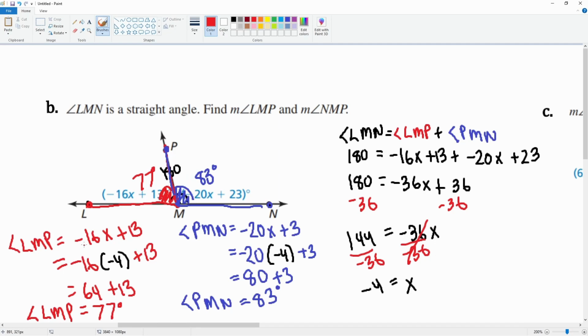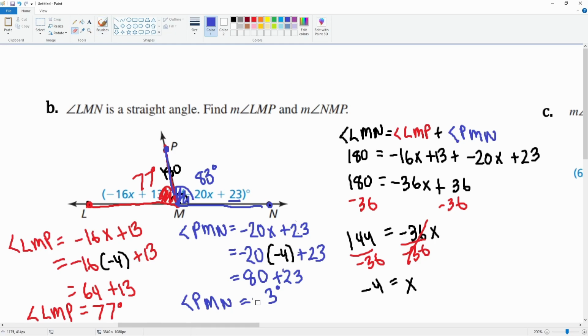Something's wrong here. Okay, I spot the error. I wrote negative 20x plus 3, but it's plus 23. That was the mistake. All the algebra was right, I just copied it wrong. So it's plus 23 here. Let me fix that. 80 plus 23 is 103.